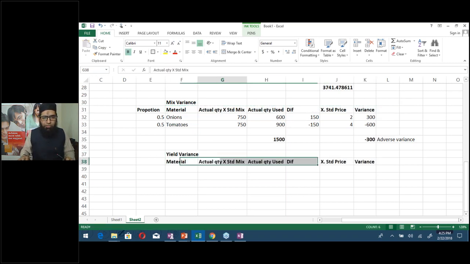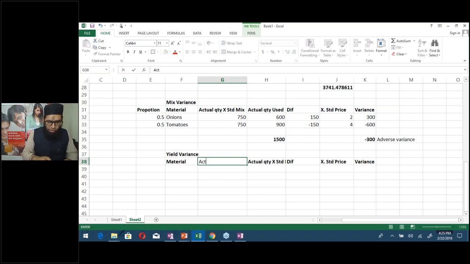Now, when I copy and paste it, you will see the only difference in the yield variance is that this column, actual quantity into standard mix, is replaced by the actual quantity used. And instead of that, we require over here actual output into standard usage.